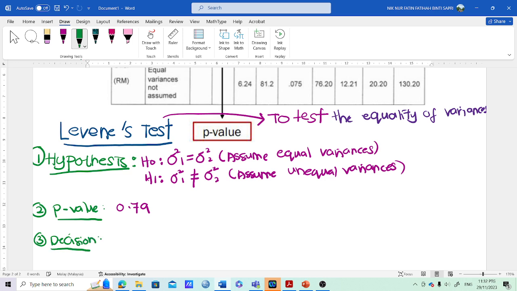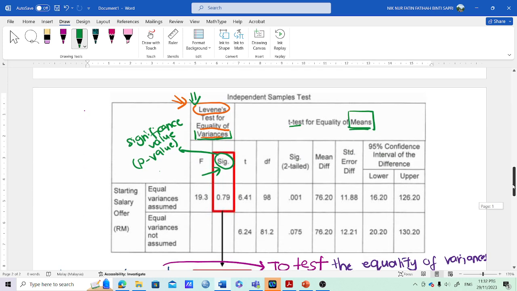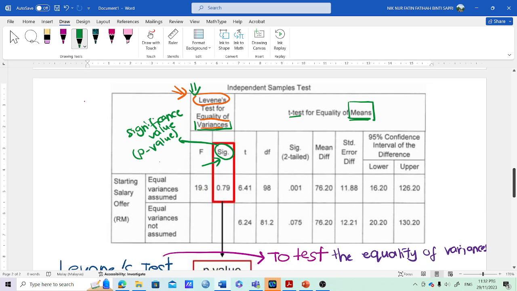If you use the p-value, we will compare the p-value with alpha. If you want to know what your alpha is, just look here. 95% means that your alpha is 0.05.